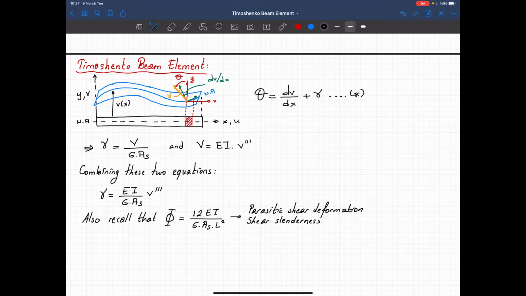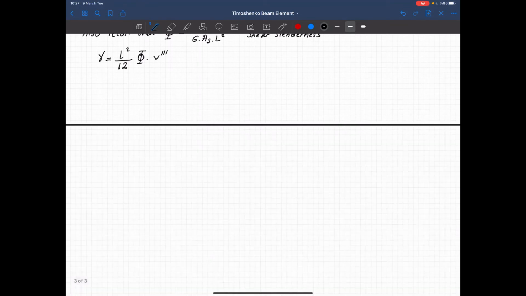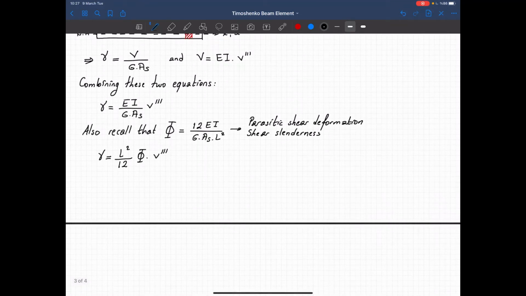So if I write the shear strain in terms of the shear slenderness term, then the shear strain becomes equal to L squared divided by 12 multiplied by the shear slenderness times the third derivative of the transverse displacements. Right? Now, we said that I will do the formulation of this element using the Legendre polynomials.